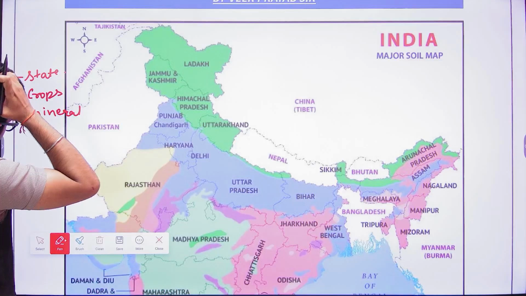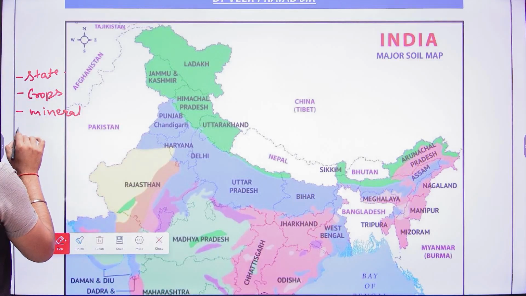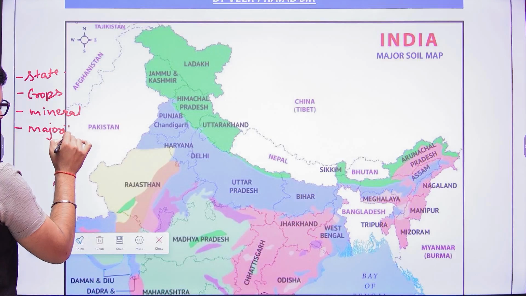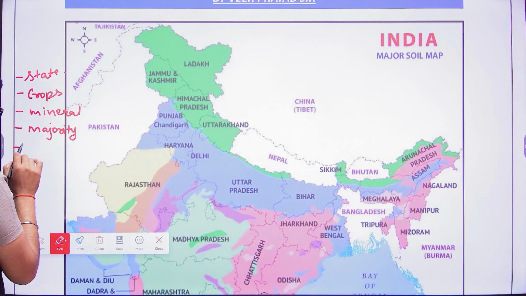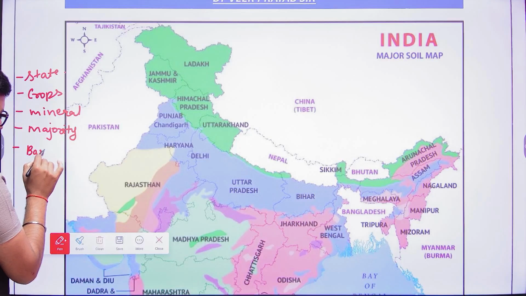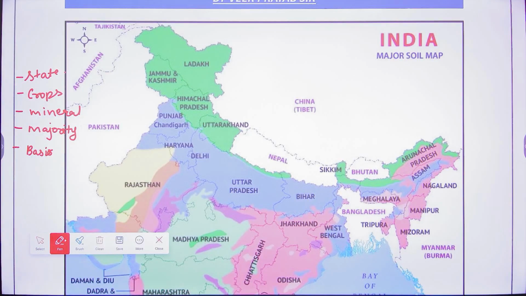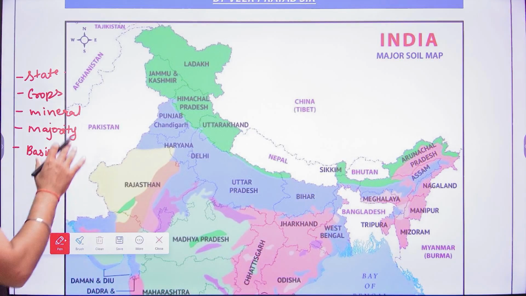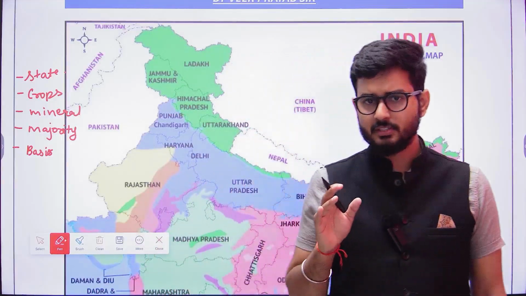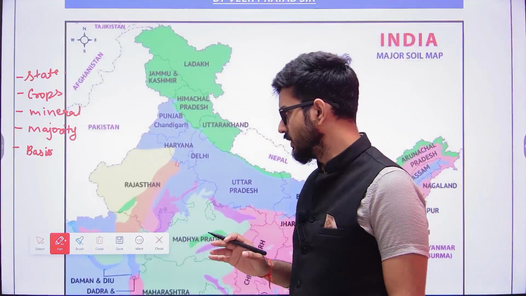Where is such a soil found in majority? Moreover, the examination can ask you what the bases for the formation of the soil are. So these are the various parameters on which the examination can ask you questions.